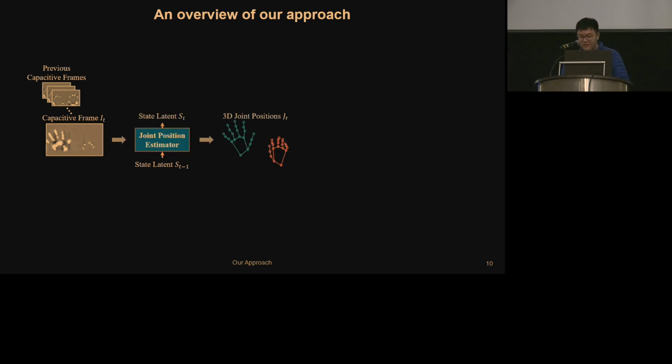The joint position estimator employs a deep learning-based method, incorporating temporal information to predict hand poses and outputs the current 3D joint positions of both hands. Following this, the constraint inverse kinematic solver reconstructs 3D hand poses based on the 3D hand joint positions and outputs the 3D hand mesh of the current pose.